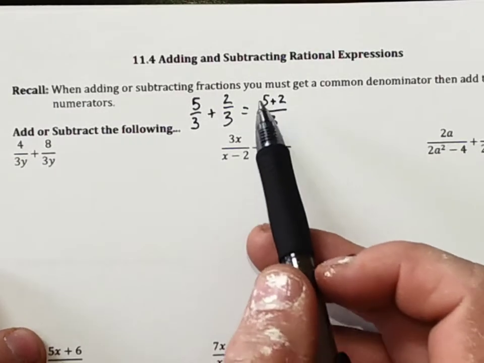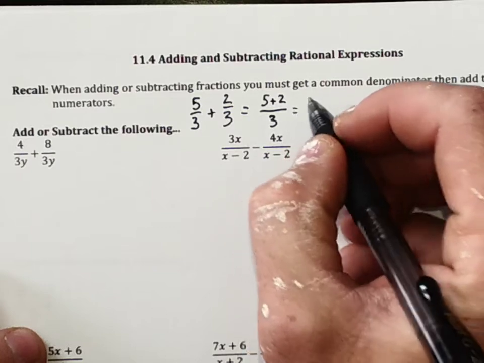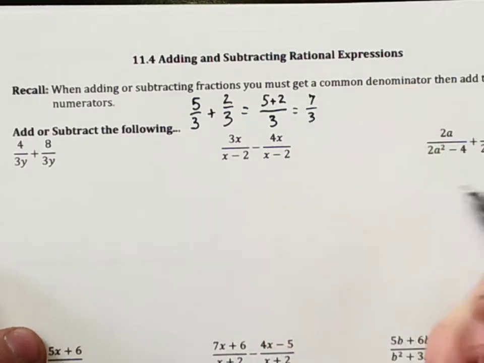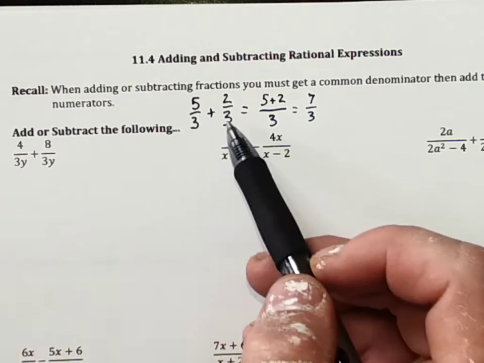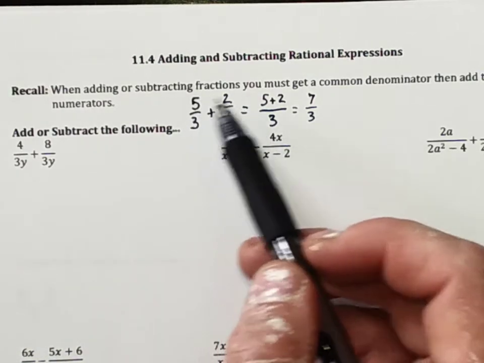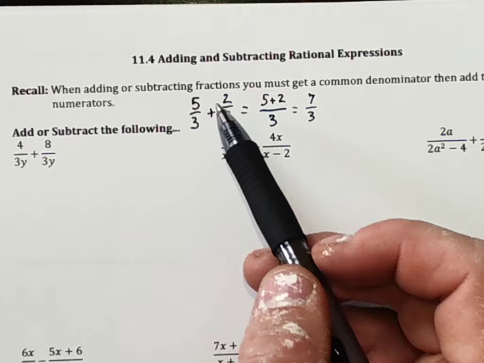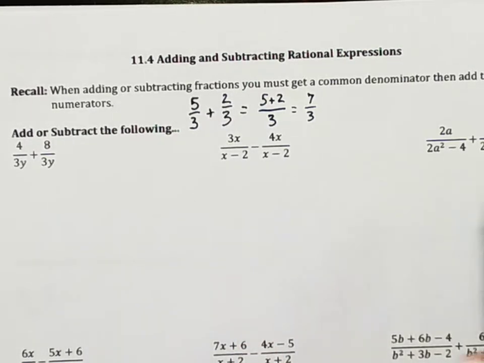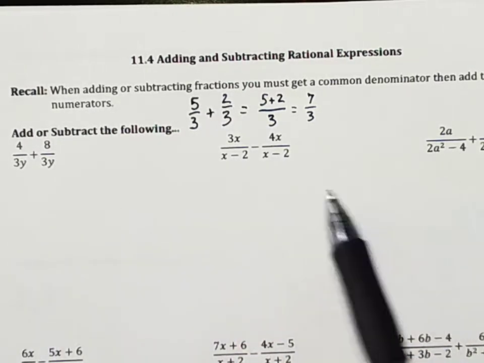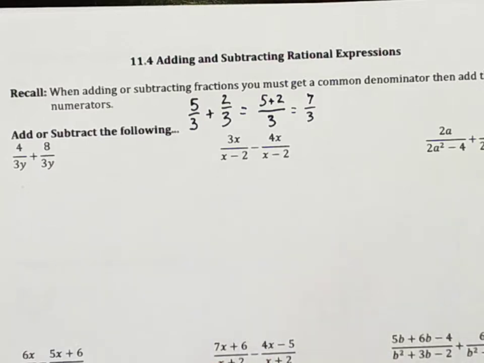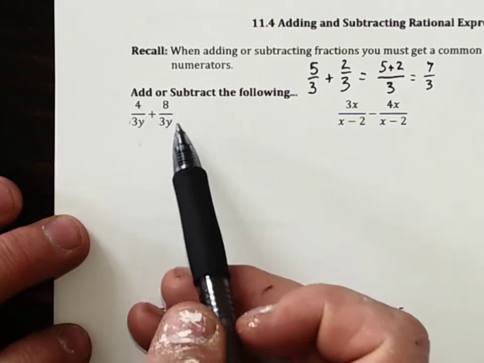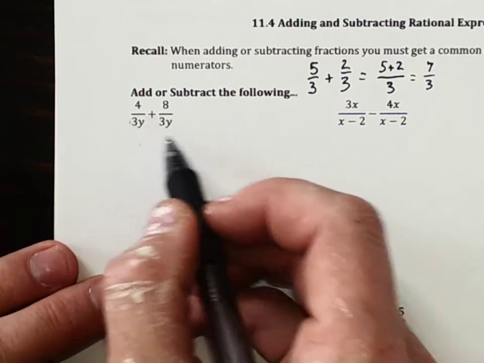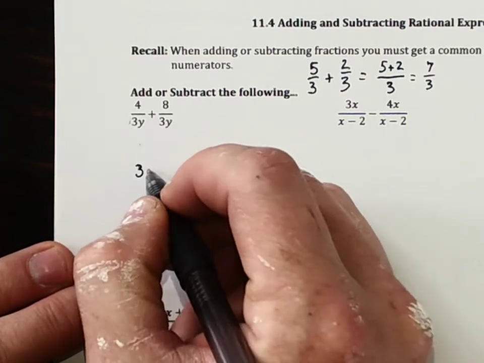So all you got to do is add together the 5 and the 2, and you get 7 divided by 3. So the big idea is if you have a common denominator, you add the tops together, the numerators together. If you look at these first fractions we have down here, they all have common denominators. If you look at 4 over 3y plus 8 over 3y, the common denominator is 3y.